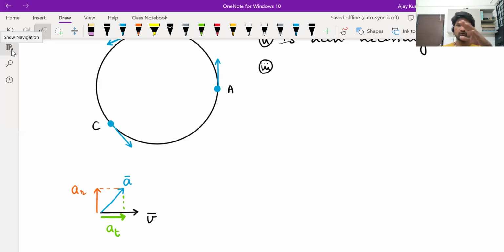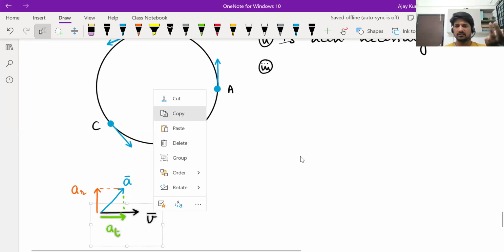We resolved gravity into two components, one along the line of velocity, one perpendicular to velocity. What does acceleration along the line of velocity do to the object? Okay, or you forget all that. It's understood that you forgot all that.